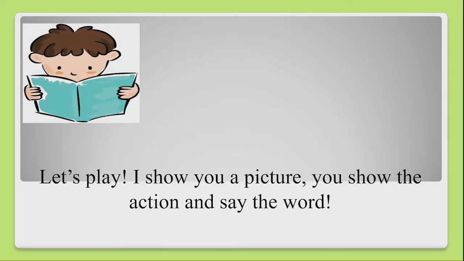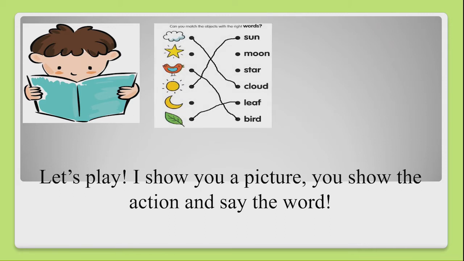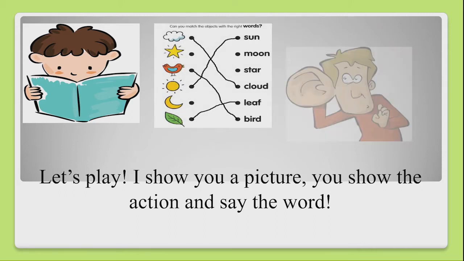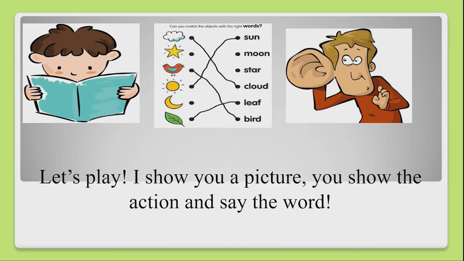Now let's play. I show you a picture and you say the word and mime it. Are you ready? Let's go. Look at the picture and say what is it. What's this action? What about this? What is this? And this?